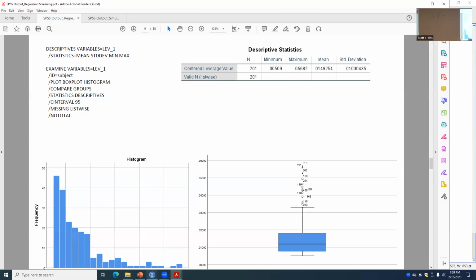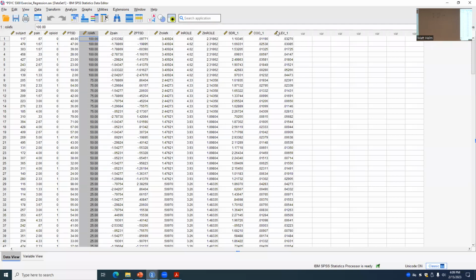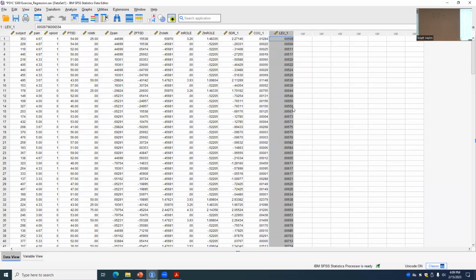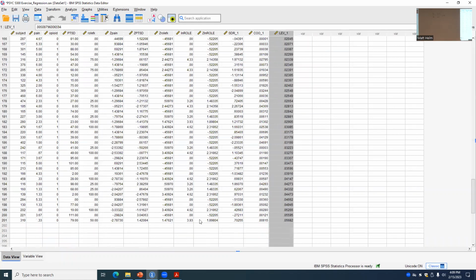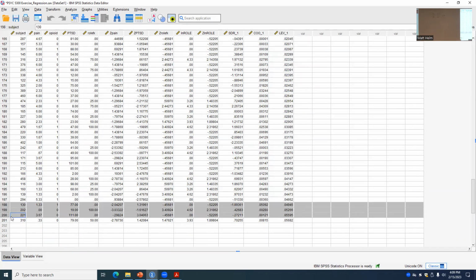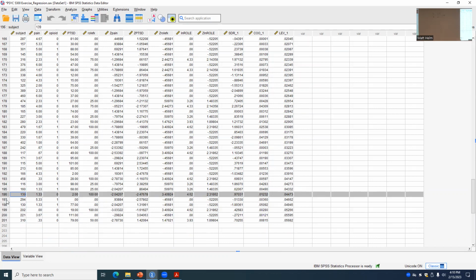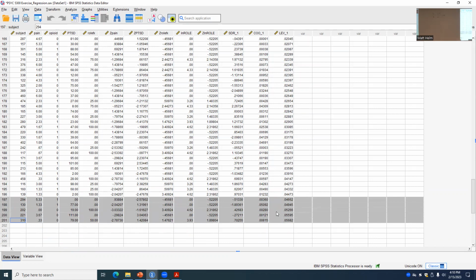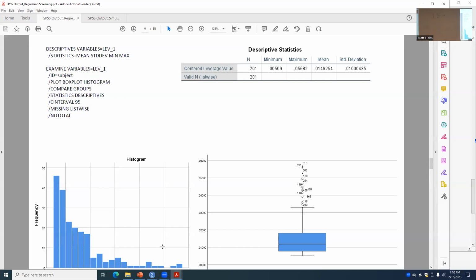If I go back to my data set and sort my leverages, I see I've got five cases where the leverage value exceeds my threshold of 0.045. But really maybe three are sitting outside of that continuous distribution of everything else: 310, 221, 202.